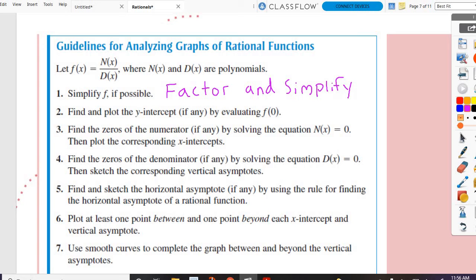Now, our next two, so 2 and 3, they go together. And basically what we're looking for on both of those are intercepts. On the next two, so 4 and 5, those steps, we're looking for the asymptotes.